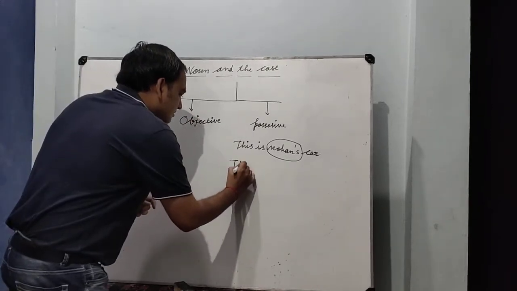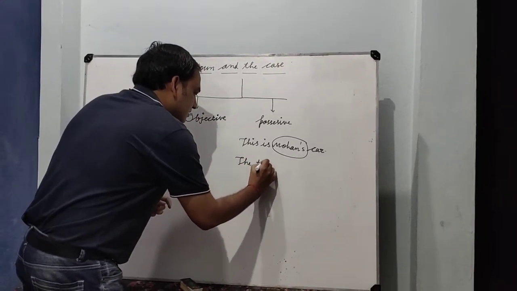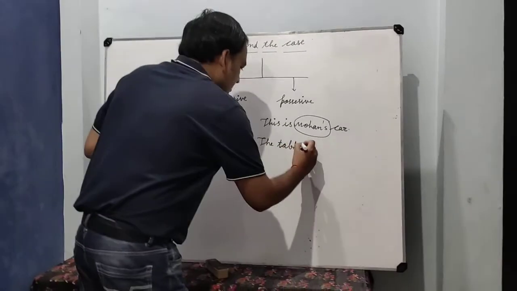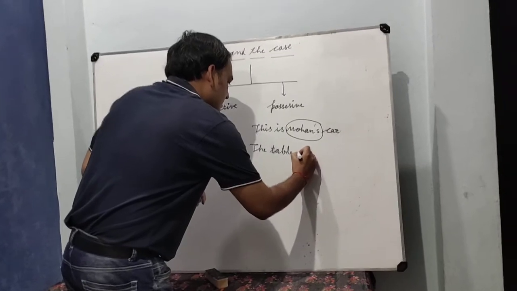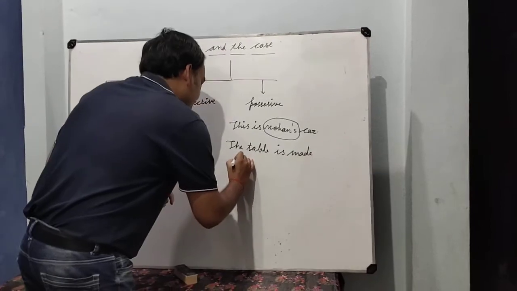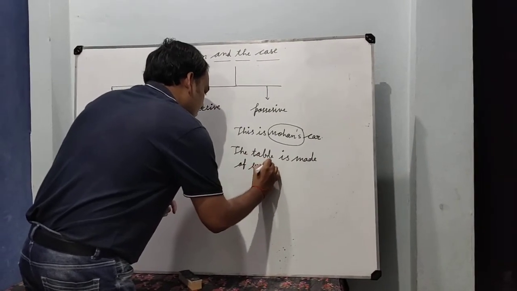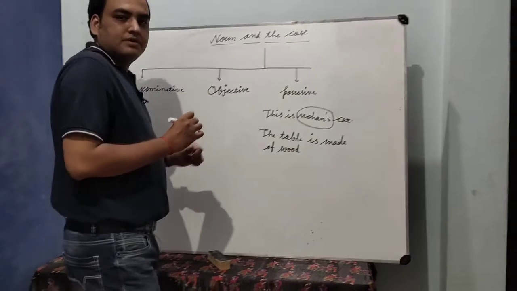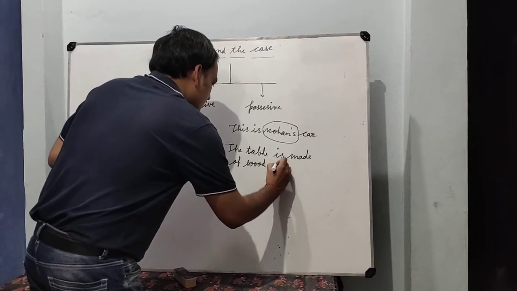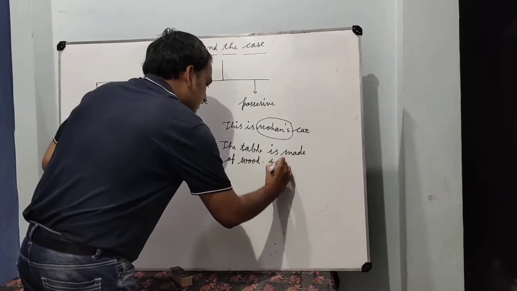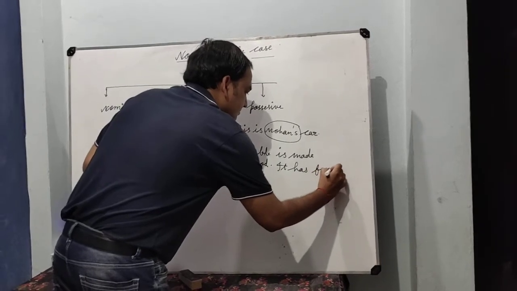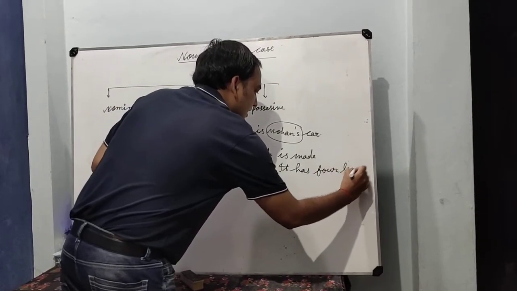The table is made of wood. It has four legs.